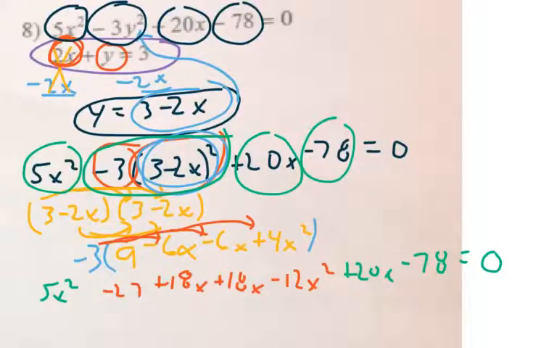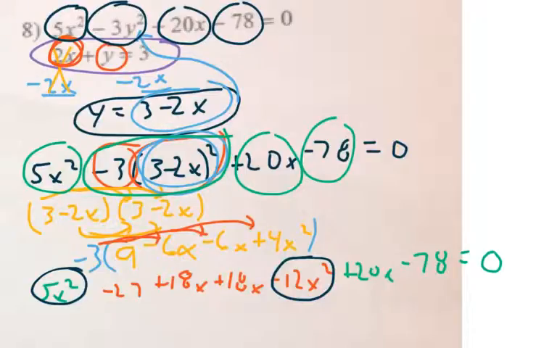I see a 5x squared there and a minus 12x squared there. So let's go to another screen. 5x squared minus 12x squared, I hope you agree, is negative 7x squared. Now let's do the x's. 18 and 18 is 36x, plus 20 more makes 56x, correct?